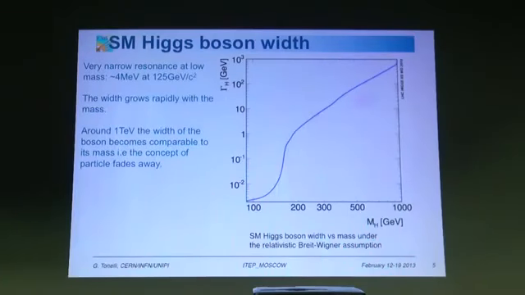But if you go high, if you go to 1 TeV, basically the width is about 1 TeV, so you lose the definition of particle. So again, this is another complication. We have to look in a large range of mass for a particle that is very narrow in the very low end of the range and is very wide as soon as you increase the mass. So again, this has implications in the experimental search.